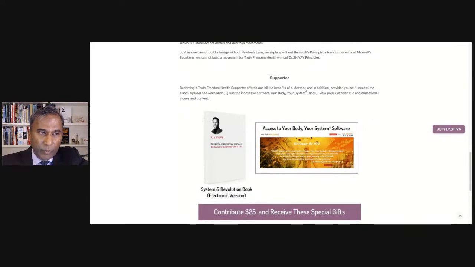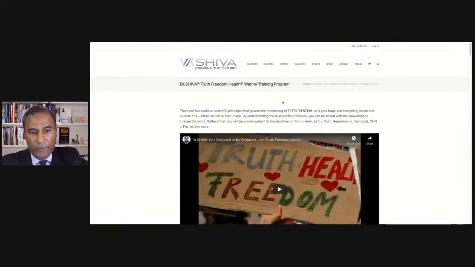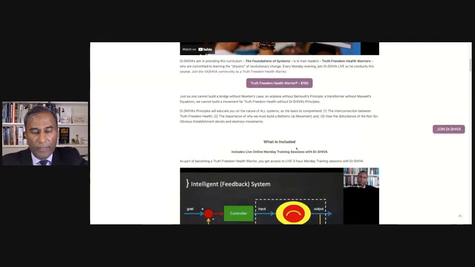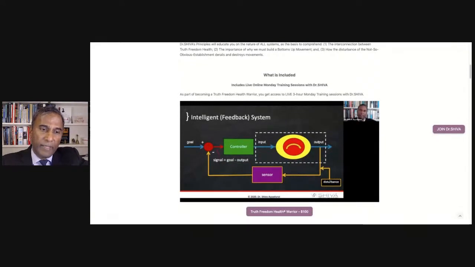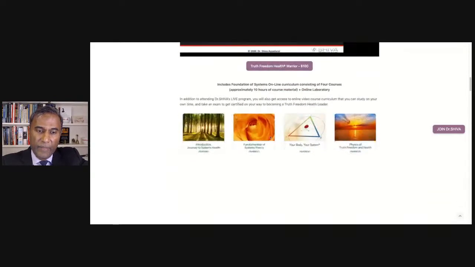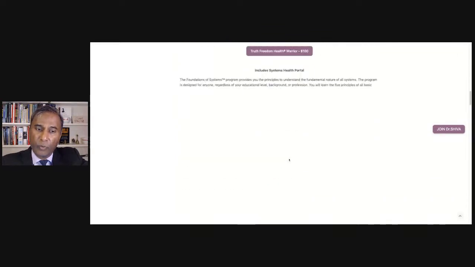By the way, let me just share with you what the warrior education is. When people sign up for the warrior education, they get access to a set of tools. You get access to a whole training package where you'll actually understand this diagram. It's about 2 years of MIT education, but you'll understand what is a system, what is an intelligent system. Then you'll get access to video tools where you can learn and you can actually get certified as a Truth, Freedom, and Health warrior.